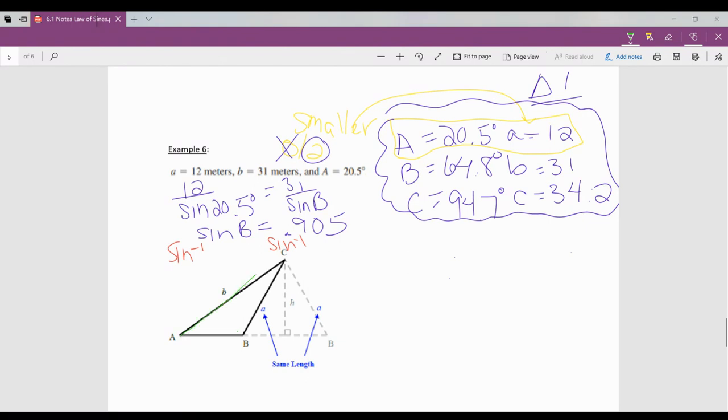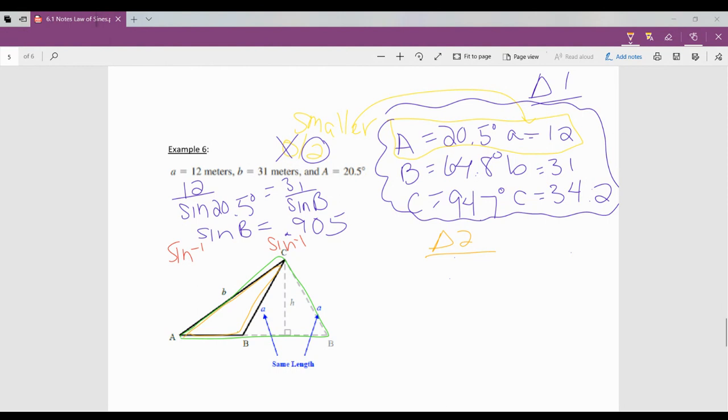So this is triangle 1 that we just found. We found A, B, and C. Okay, so now we want to find triangle 2. Triangle 2 is going to be this one, that little one on the inside.